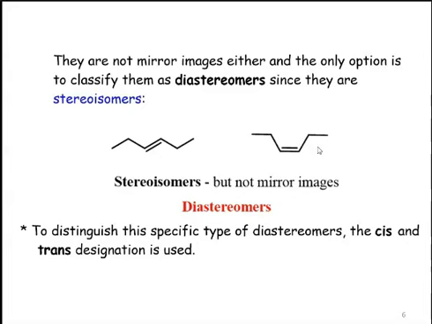Hence, they fit perfectly to the definition of diastereomers. In case of chiral molecules, this specific type of diastereomers were classified in a different way. However, when we talk about alkenes, these diastereomers can be classified as cis and trans isomers.